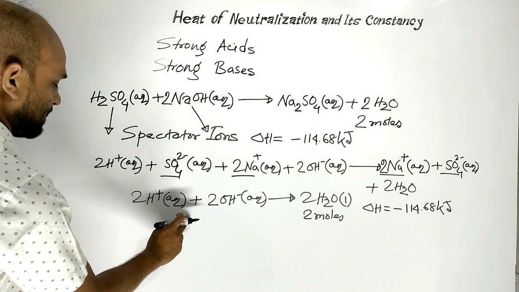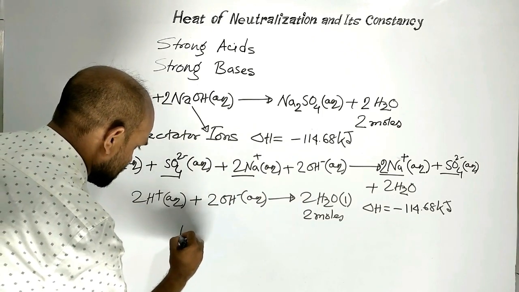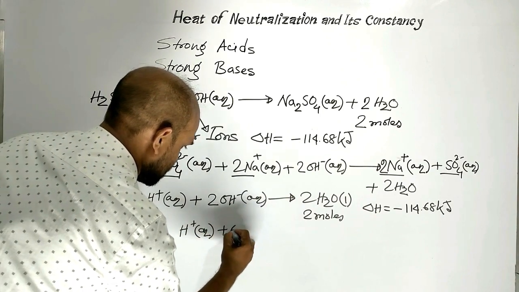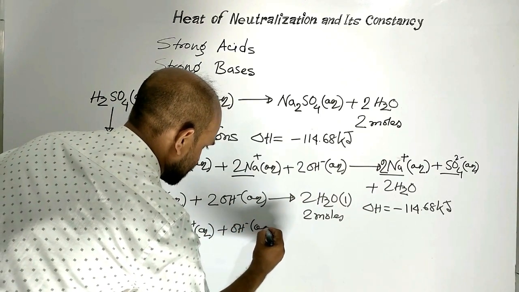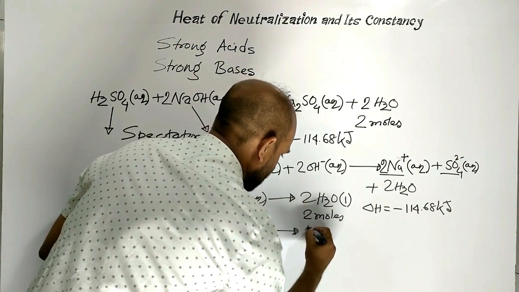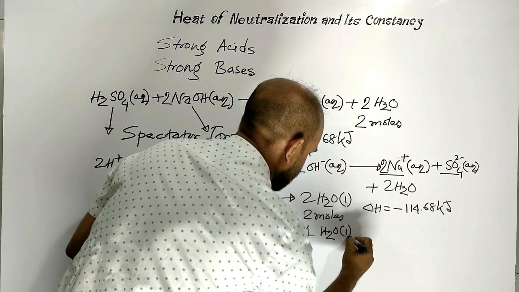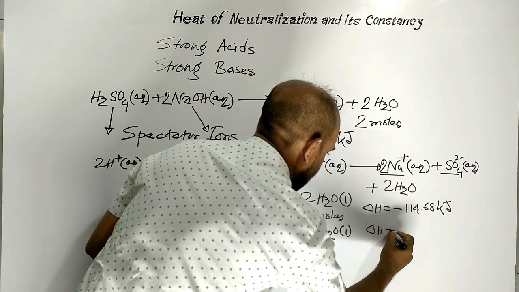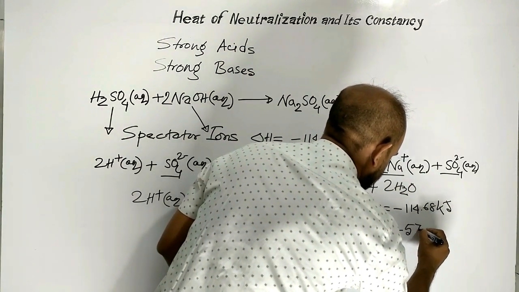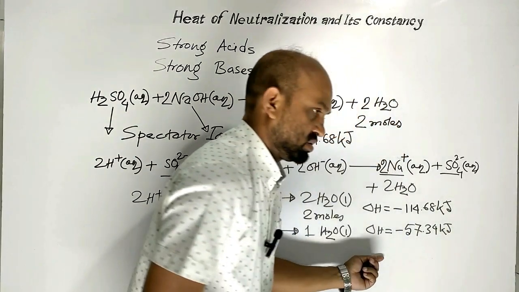If we divide this reaction by 2, then we get proton plus hydroxide ion giving 1 mole water, and the amount of heat produced will be minus 57.34 kilojoule.